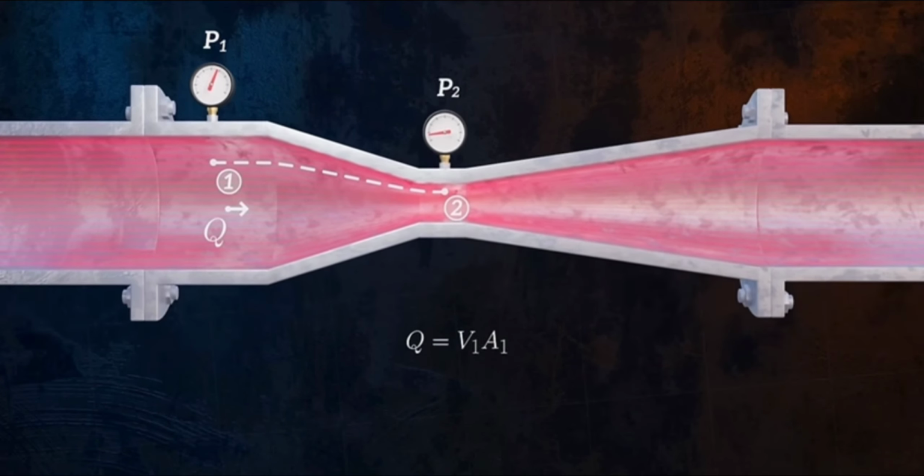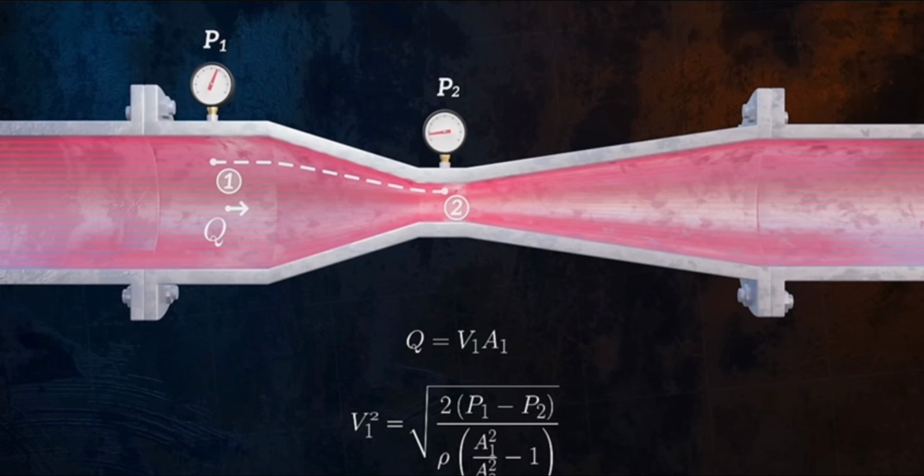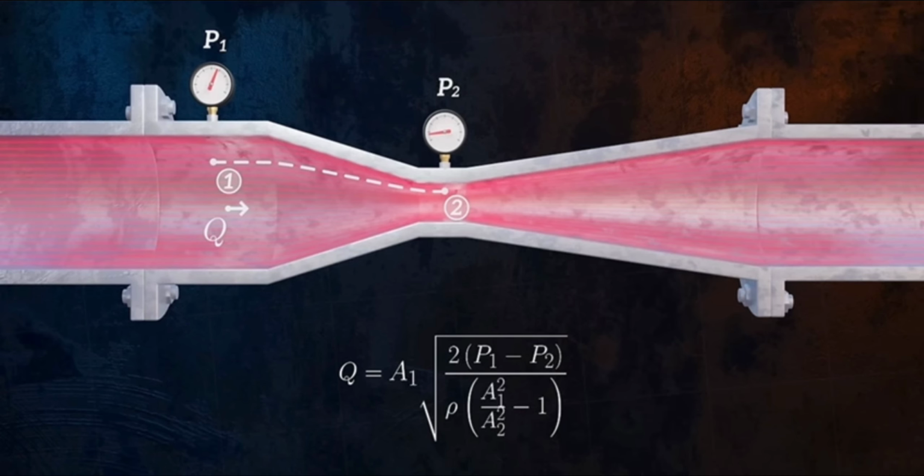We can rearrange the pressure drop equation we derived earlier when we looked at a change in diameter, and we get this equation for flow rate. All we need to know are the dimensions of the venturi, the fluid density, and the pressures P1 and P2, and that allows us to calculate the flow rate.